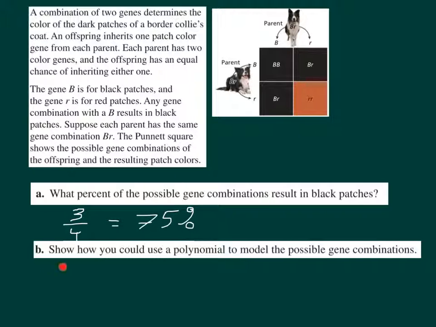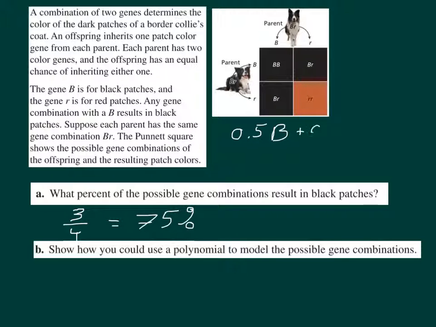Now, how could we use a polynomial to model the possible gene combinations? Well, you have to think about it this way. From the first parent, there's a 50% chance that they're going to give the dominant B gene.